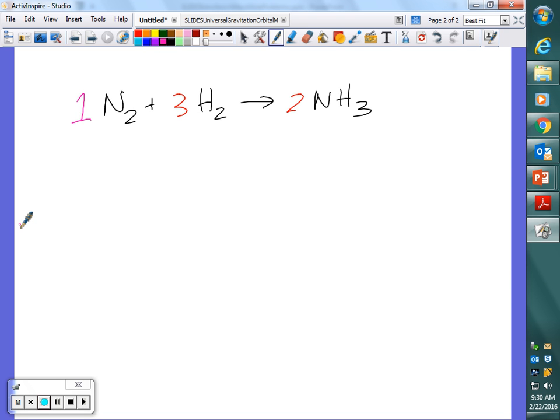Okay? Like we just discussed, the coefficients are required for us to balance the equation, conservation of mass. But it also tells us how many molecules of each of those things that we need. Okay? But guess what? If it tells us the number of molecules, it also tells us the number of something else. What else might it tell us?